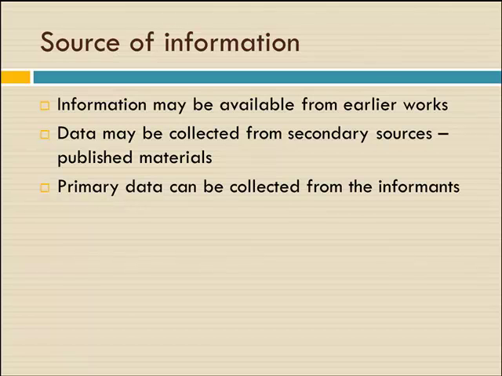Data may be collected from secondary sources. So the published materials are available, say the data may be available from the government. For example, in the case of India, the information may be available from the census or the central government reports or state government reports.